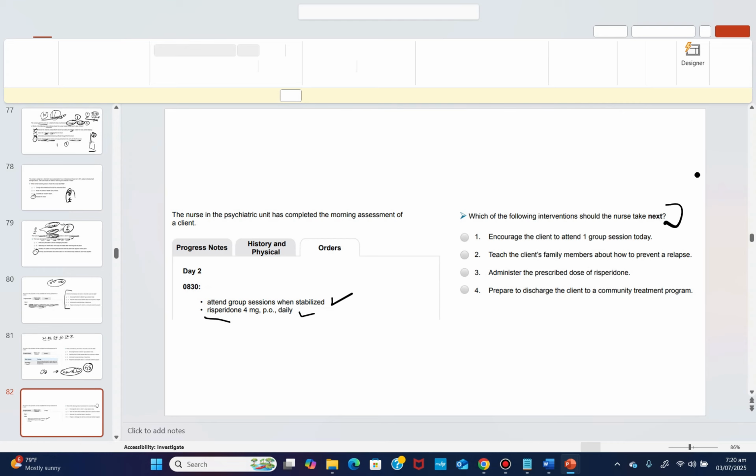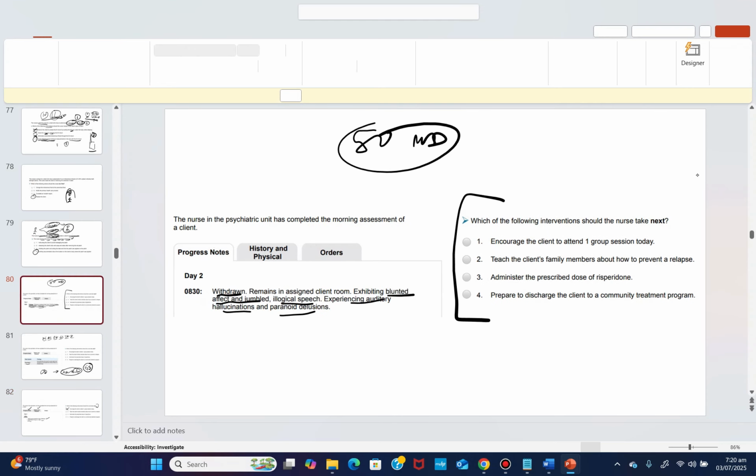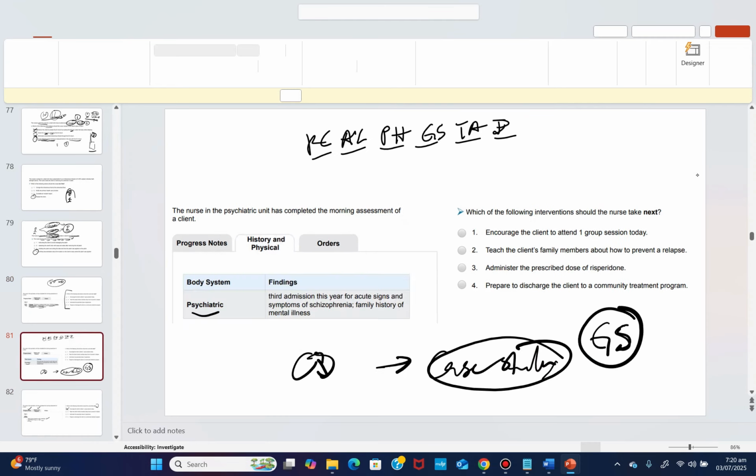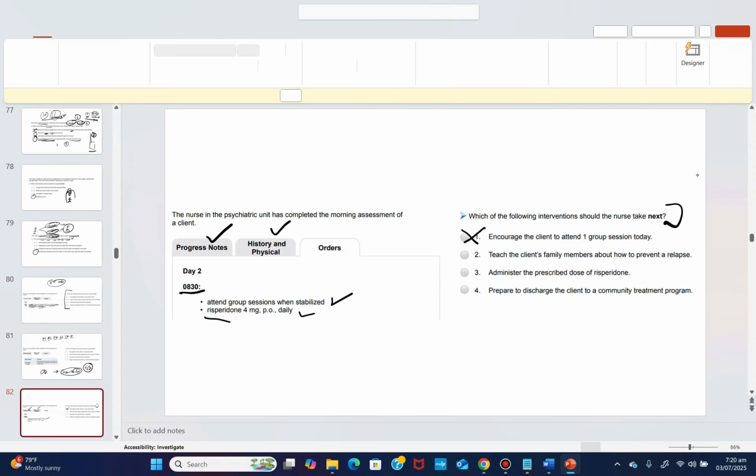So I feel we are not going to do this because there's nowhere in the progress note or history that says the patient is stable. The patient is not stable currently, right? So guess what? This is 8:30, and the last note as well is 8:30. Patient so far so good. No new documentation that said the patient is stable. So obviously the patient is not stable. So why should I send them to a group session when the doctor said we should send them when they are stable?